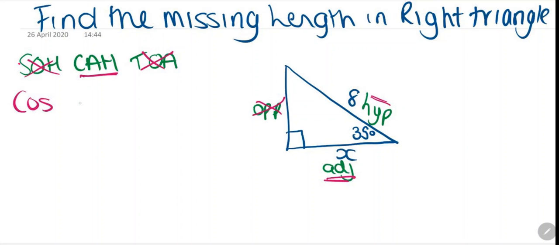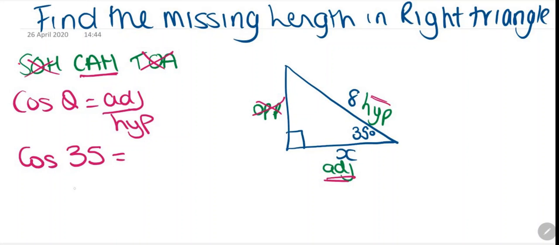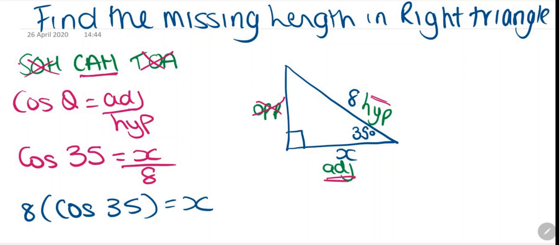So cosine theta is adjacent over hypotenuse. Let's substitute in the angle. Cos 35, adjacent is x, I don't know, and hypotenuse is 8. So I'm just going to rearrange. So 8 multiplied by cos 35 is equal to x.